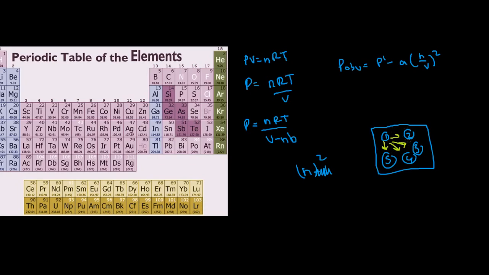Then 3, I'm going to have even more: 2 to 1, and then 3 to 1 I've already done. And then once I get to 4, most of them have already been done. Once I get to the last one, almost all of them have already been done. So in order to account for that, I need to divide this by 2.